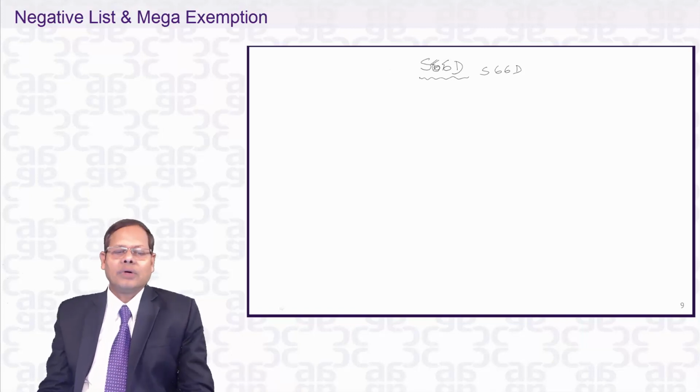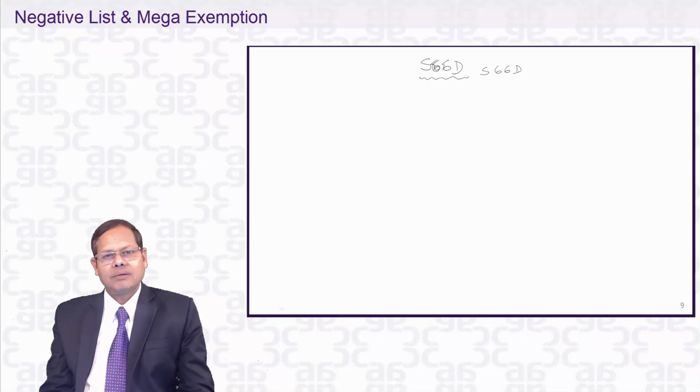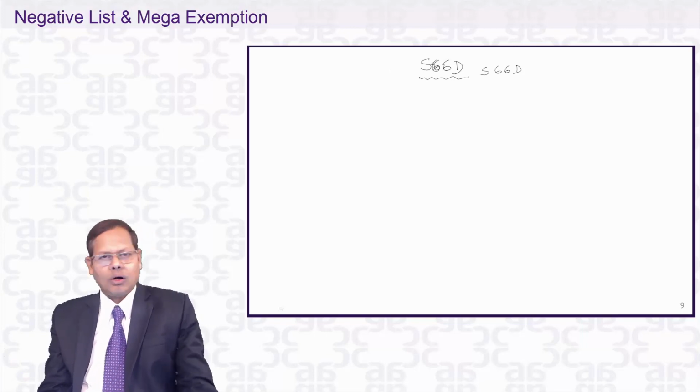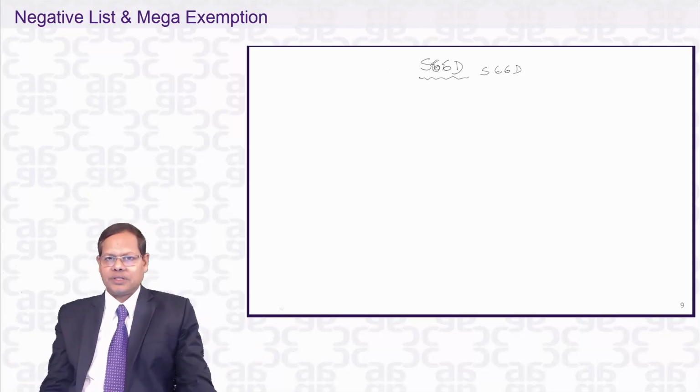Why have the lawmakers given a negative list? Because they wanted to tax all activities, all types of activities. They want to collect service tax, because every activity is a service, if it is for consideration. Now, what is the object of introducing the negative list?